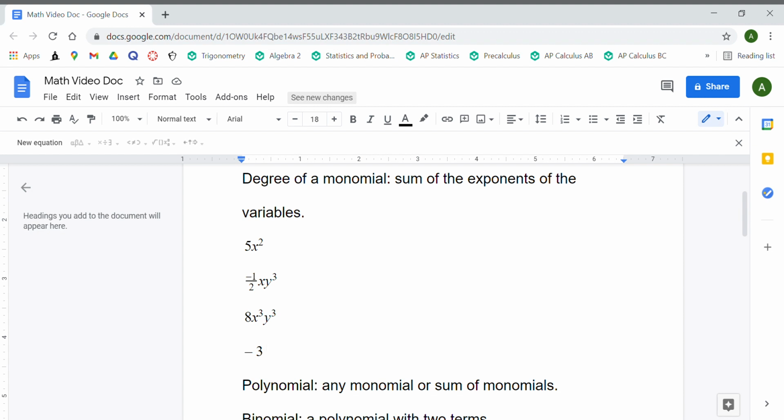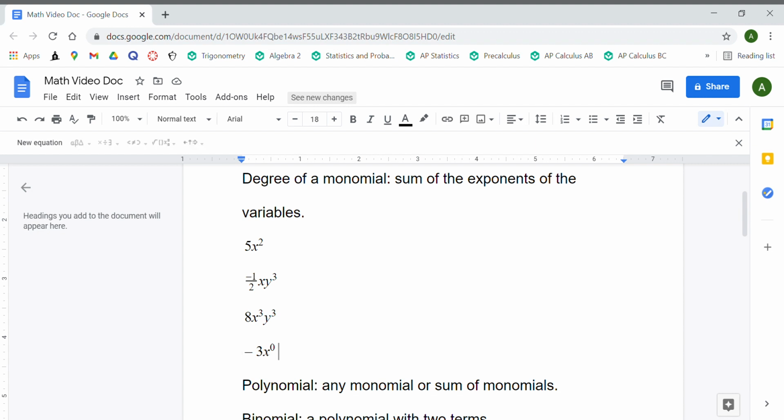Alright? So what can we do? Well, the degree of the monomial is 0, because you can rewrite this as negative 3x to the power of 0, and anything to the power of 0 is 1.